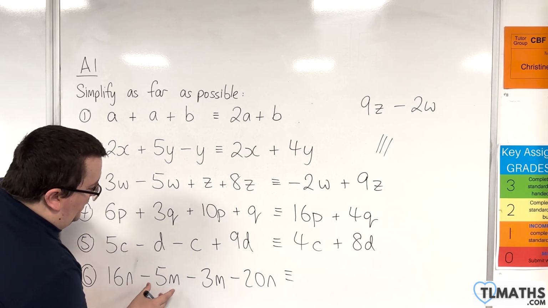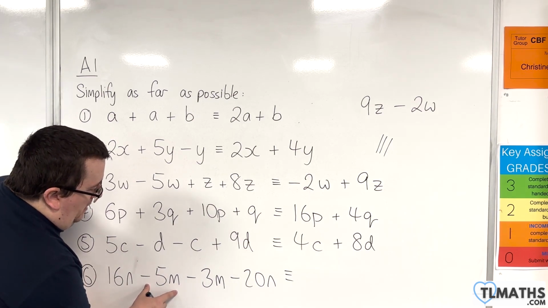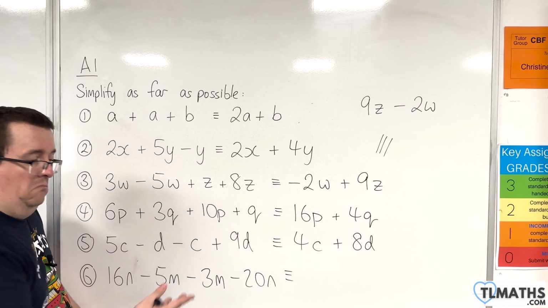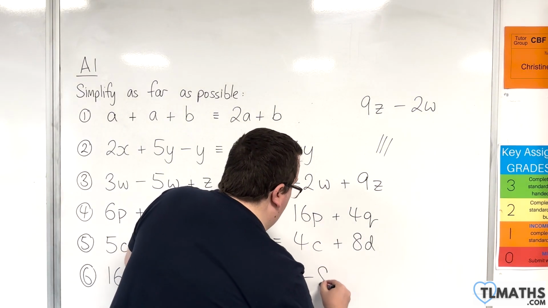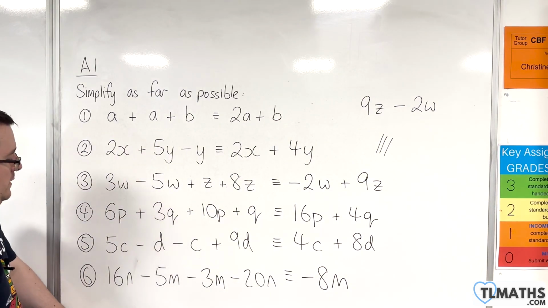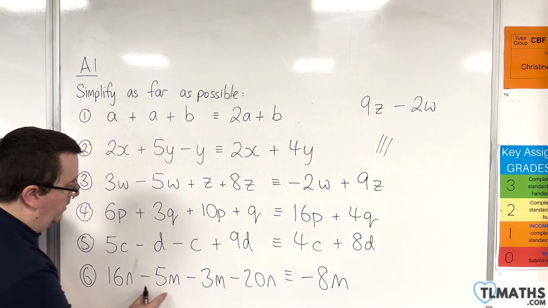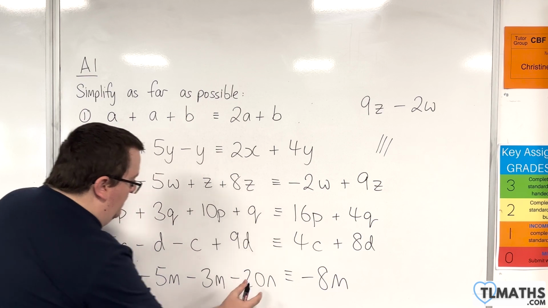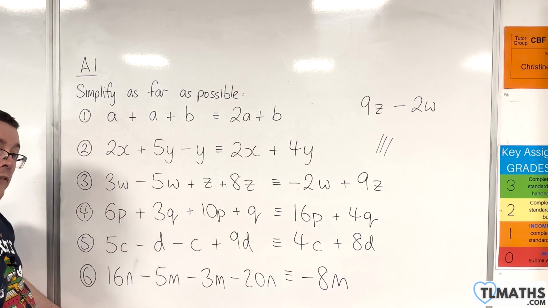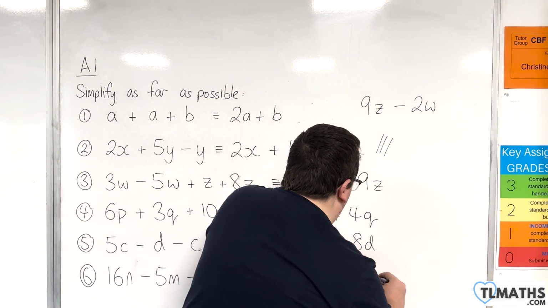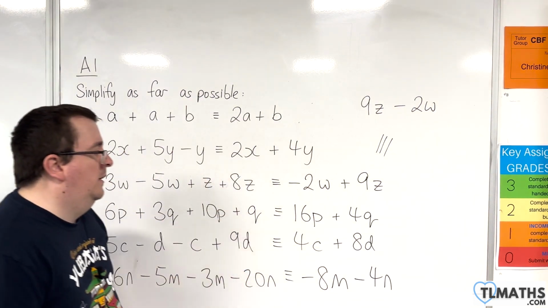We've got minus 5m take away 3m. Minus 5 take away 3 is minus 8, so minus 8m. We then have the 16n take away the 20n. 16 take away 20 is minus 4, so minus 4n.